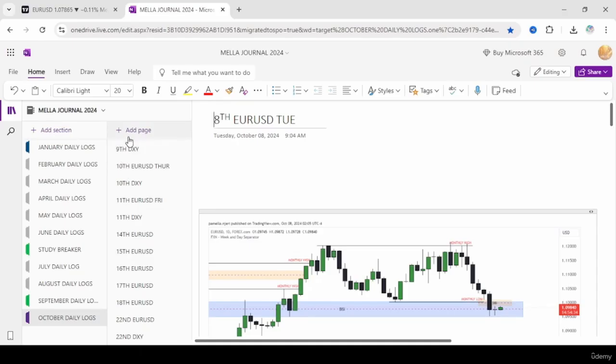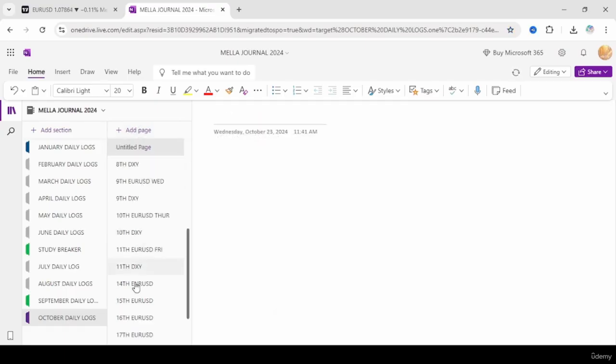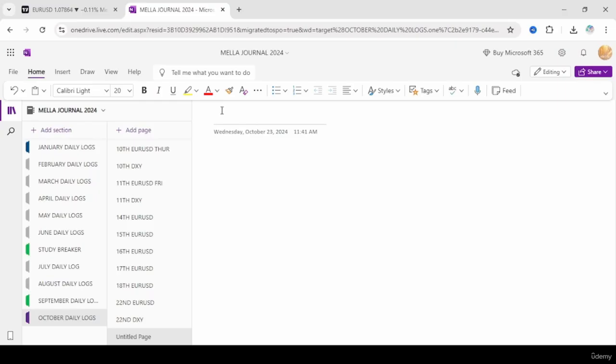So you record also the pairs that you are interested in, the pairs that you trade. So you add a page. When you add a page, I like them in order. So it should go to record 23rd and the pair.